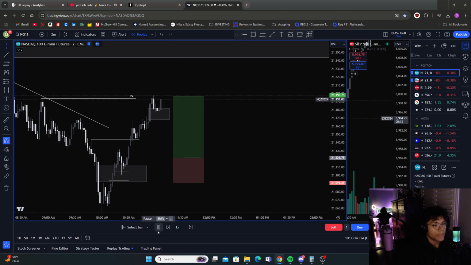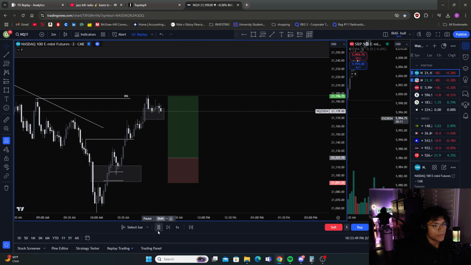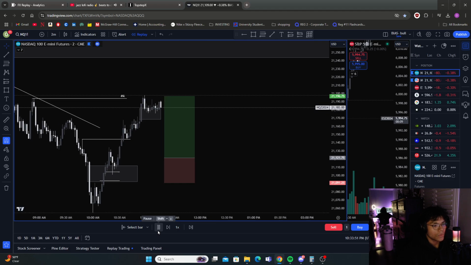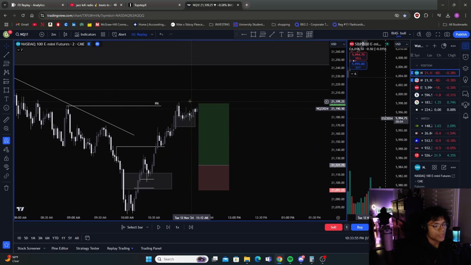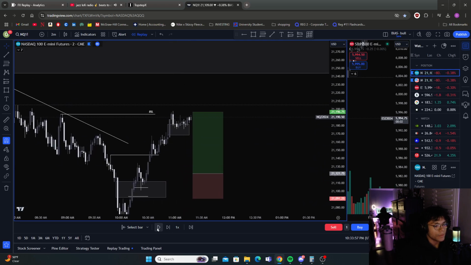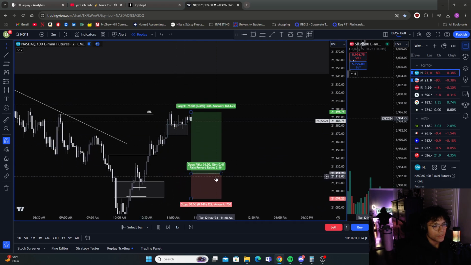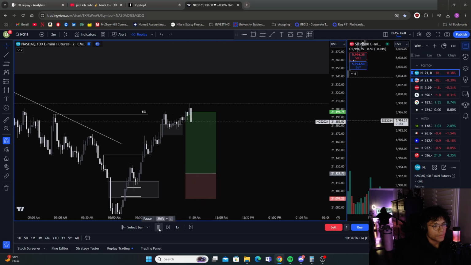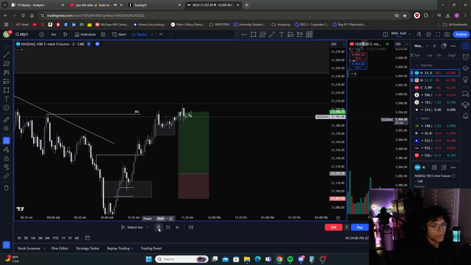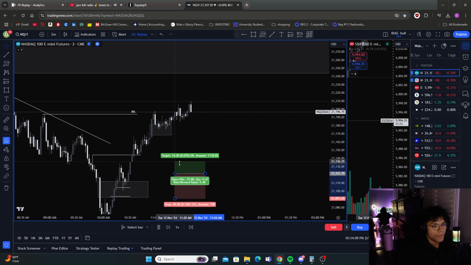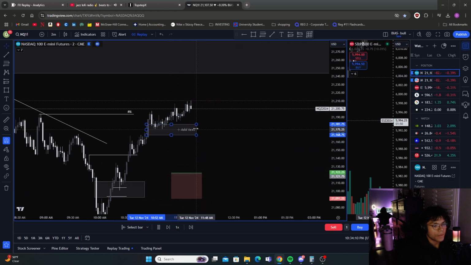This fair value gap is getting respected, I think. Yeah, this price is ugly. It's just after a big move up like this, don't expect much of price if it starts to lose its momentum, as you can see here. So yeah, we're respecting this fair value gap a bit more. Yeah, so we're still respecting this fair value gap.